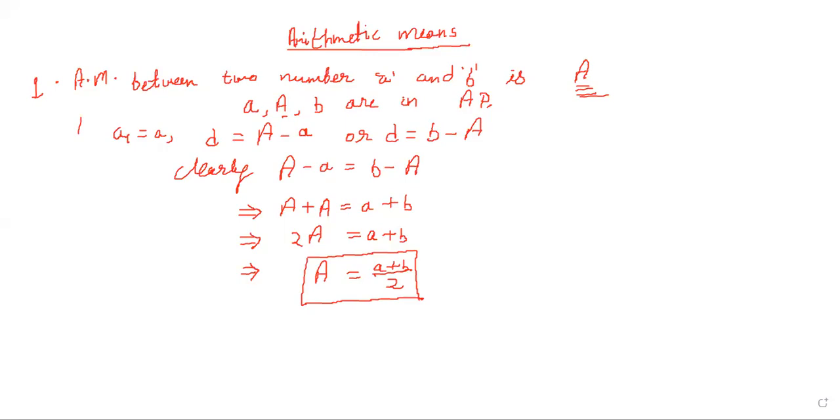So now we have understood that if we insert one arithmetic mean between a and b as capital A, it will be equal to (a plus b) upon 2. But what if we insert two arithmetic means between the numbers a and b as A1 and A2?